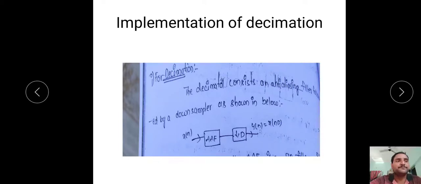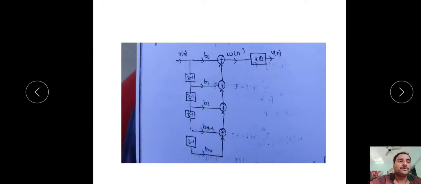But you know that for any filter, you realized the number of realizations for FIR and IIR systems in the third unit. If it is a FIR system, then the direct form realization for the given anti-aliasing filter is this one, where b0, b1, b2, b3, b4 are multipliers, z inverse are the delay elements, and we have some summers.